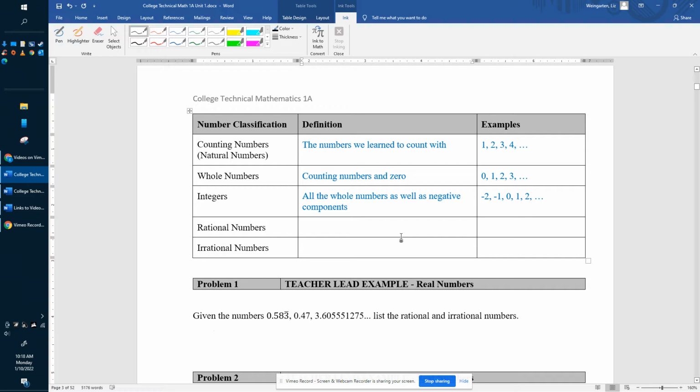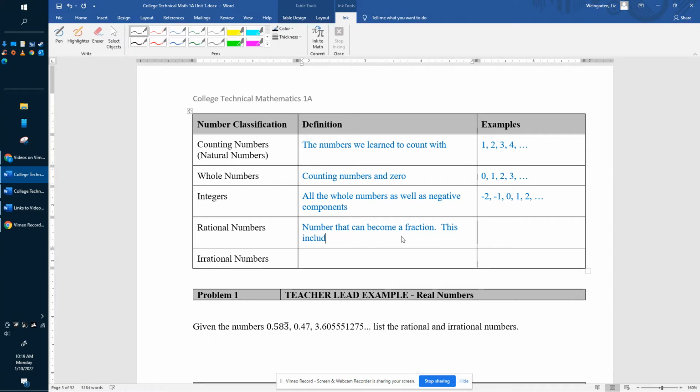Rational numbers is a number that can become a fraction. This includes finite decimals, so decimals that have a finite amount of digits in them, and repeating decimals.